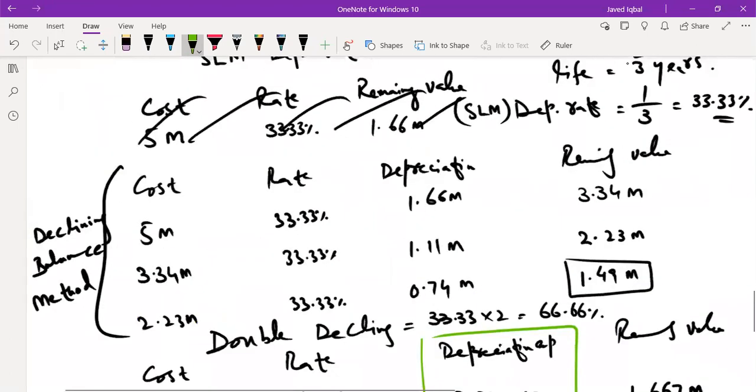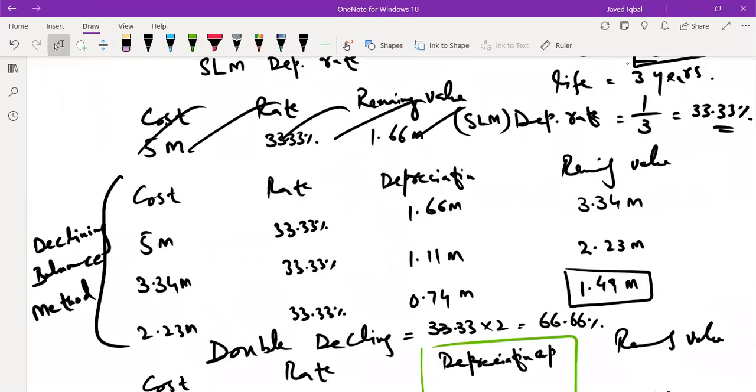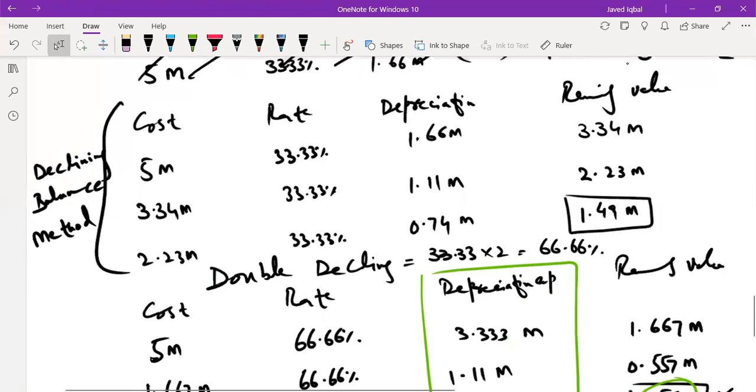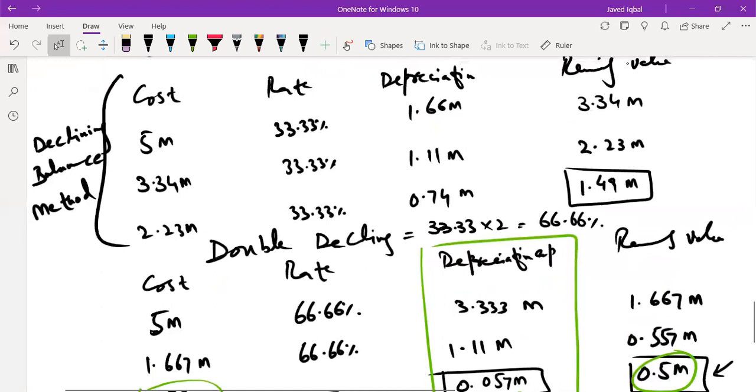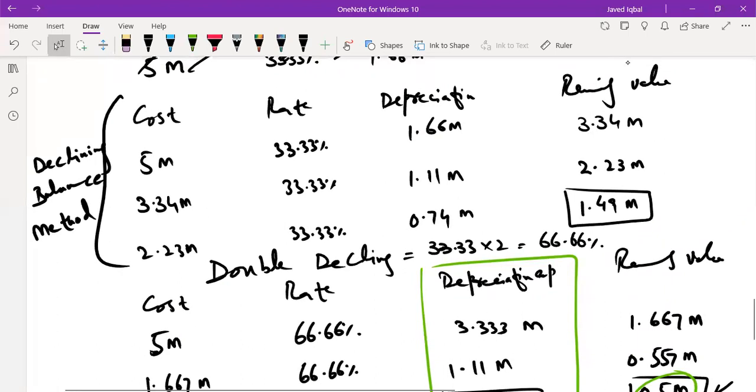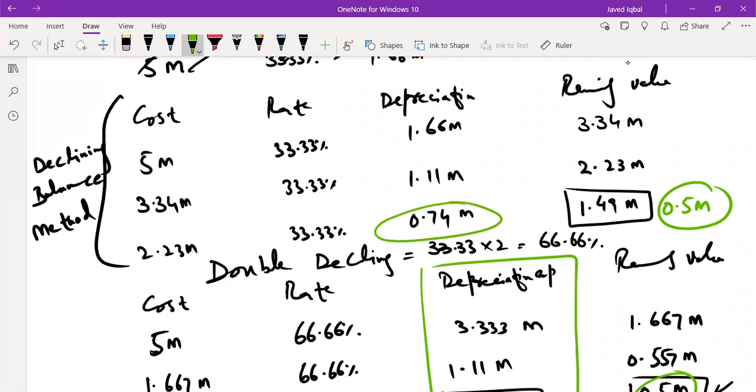So this was your declining balance method or single declining method, normally not used, because here if you see, if you use the same theorem here, you can find out the ending value 0.5 million. And what is going to happen here, you're going to have the highest depreciation at the end.